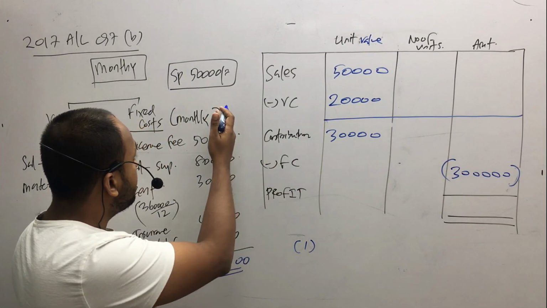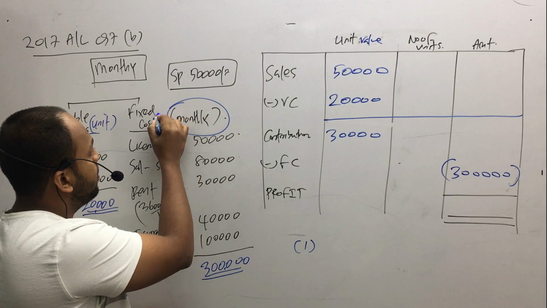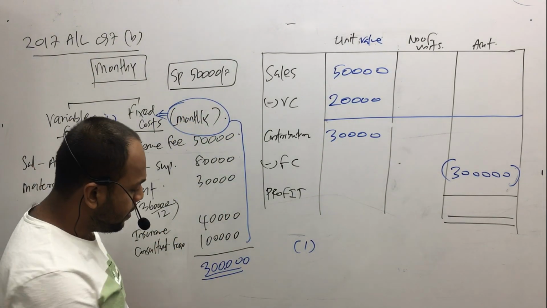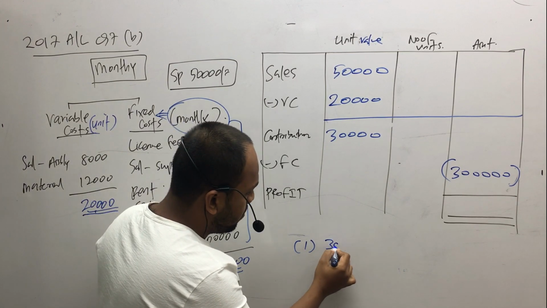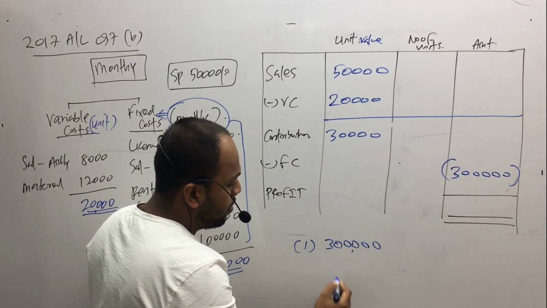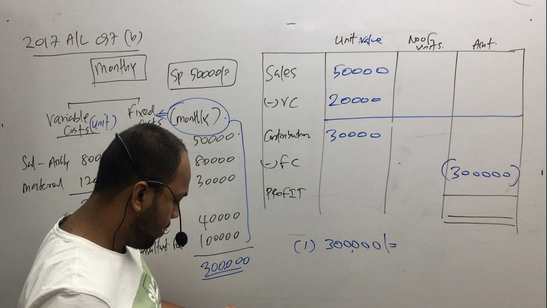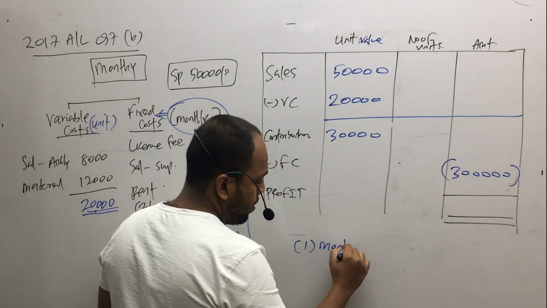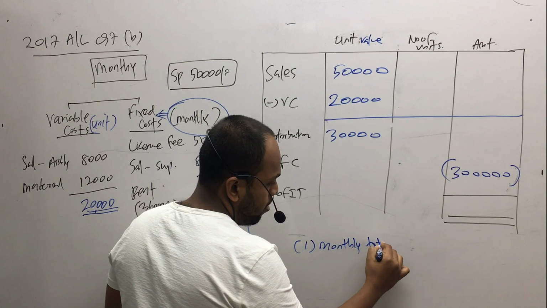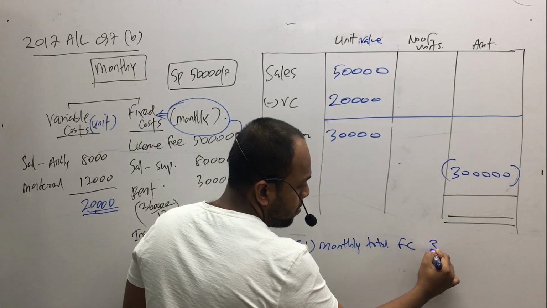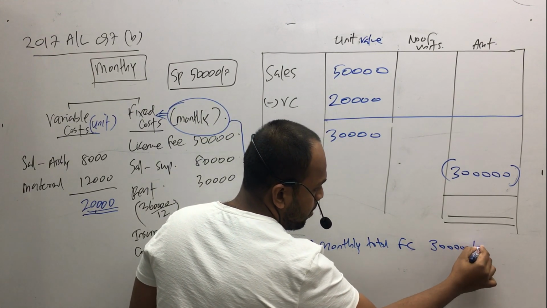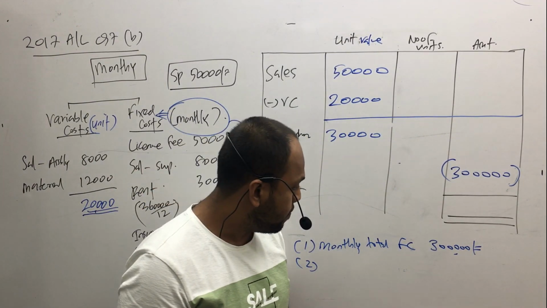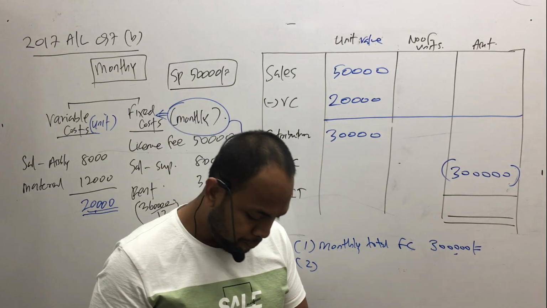Here you have the monthly fixed costs indicated separately, so the answer is 300,000. Monthly total fixed cost is 300,000. That's the answer for number 1.